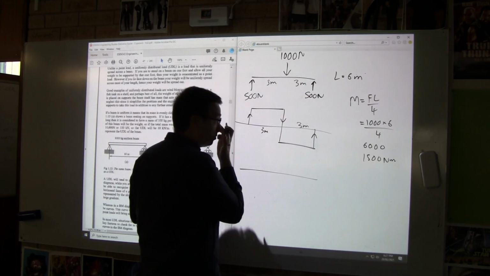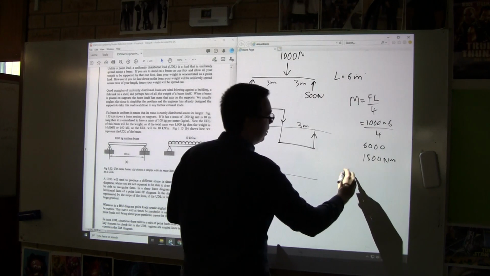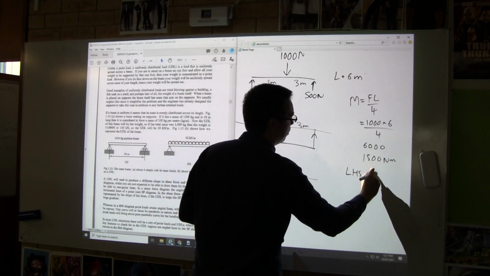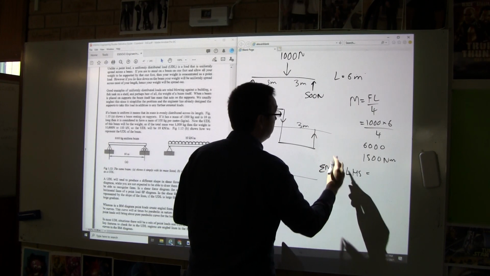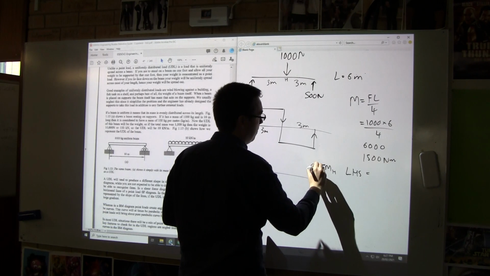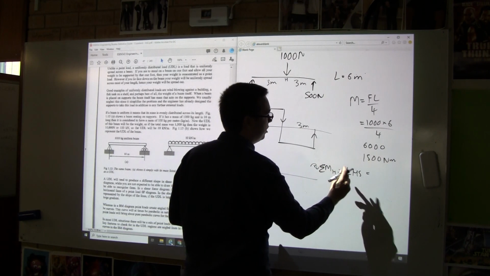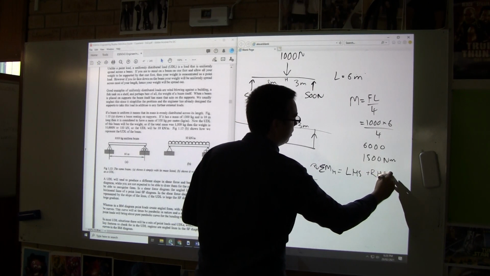Okay, that's one option. Another option is we could say the moments on the left-hand side equal the moments on the right. If I say the sum of the moments at point, we'll call this point H, the left-hand side plus the right-hand side equals 0.